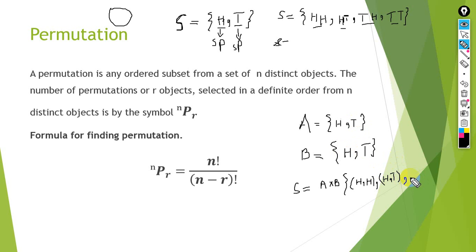Then T comma H, or we can also write T comma T, and this is the complete set. So now this complete set that we have for tossing a coin twice, this is called the sample space.